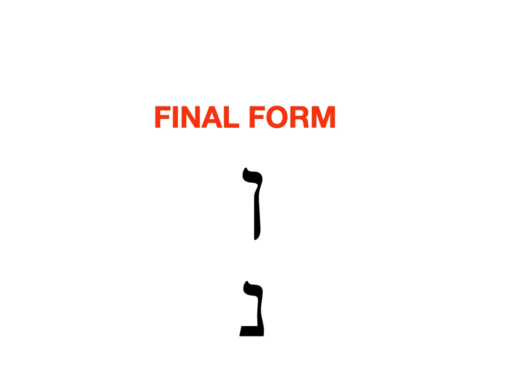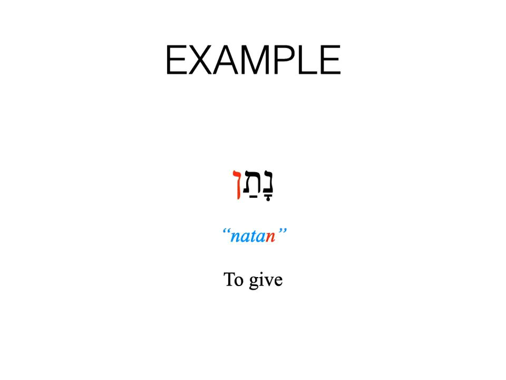So if you notice, the nun stays within the box and it has that little hook on the top and bottom. When you have it as a final form, you have a hook on the top, but then it just goes straight down outside the box. Here is an example, natan. Natan means to give. It's a verb, to give. So you have the nun at the front and nun at the end, natan.